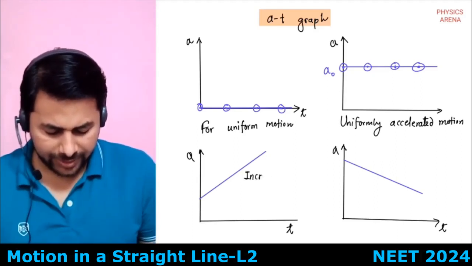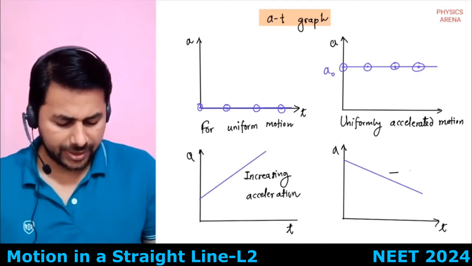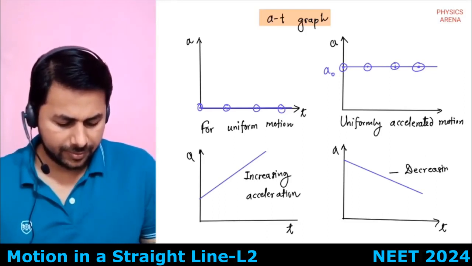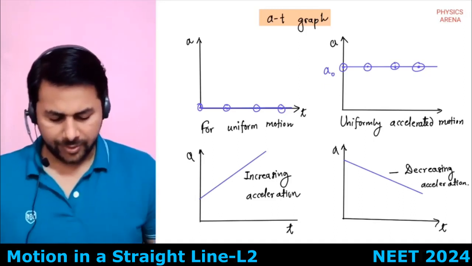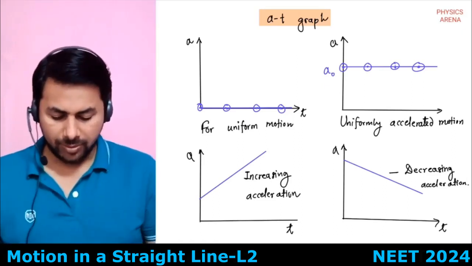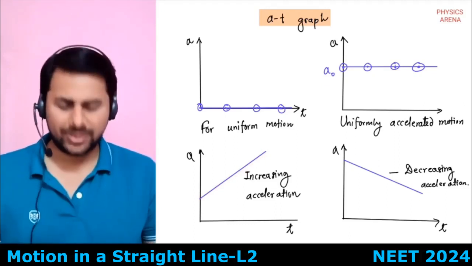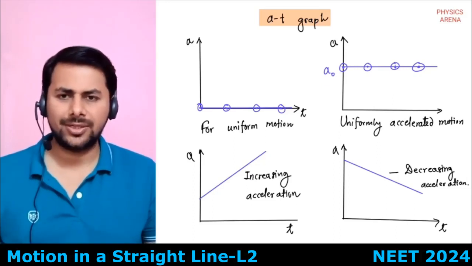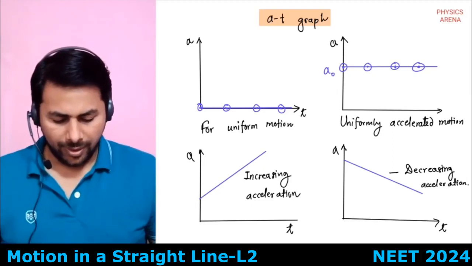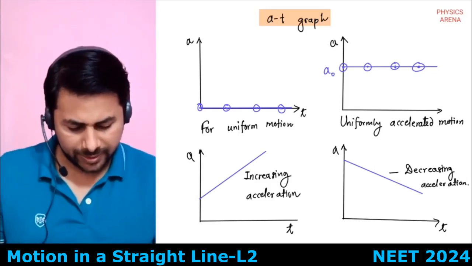This is for increasing acceleration, and this is when acceleration is decreasing. There is one more piece of information: acceleration can increase at a constant rate. Okay, acceleration is increasing at a constant rate, right?